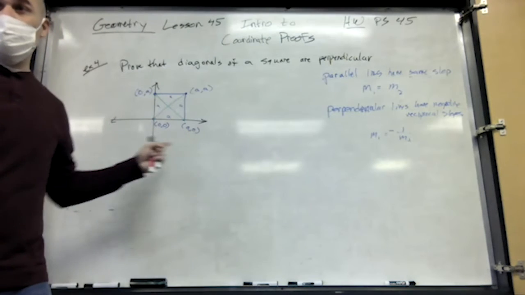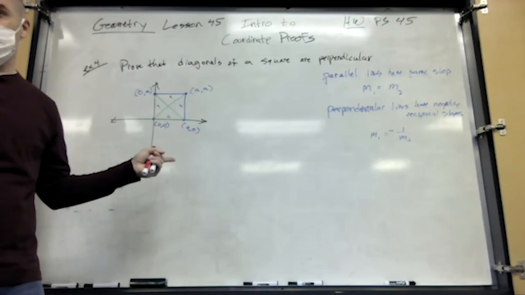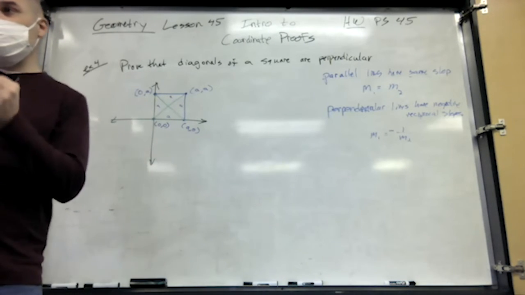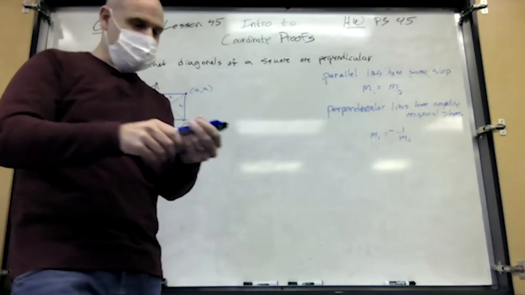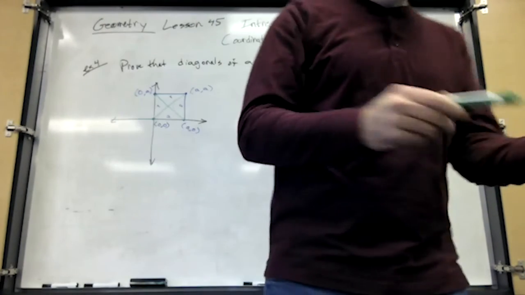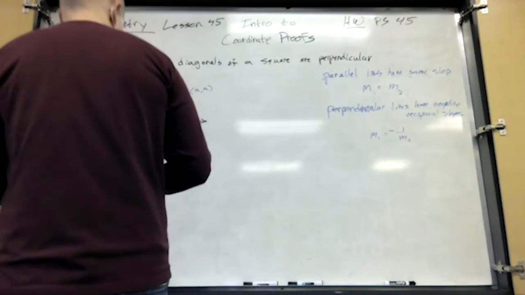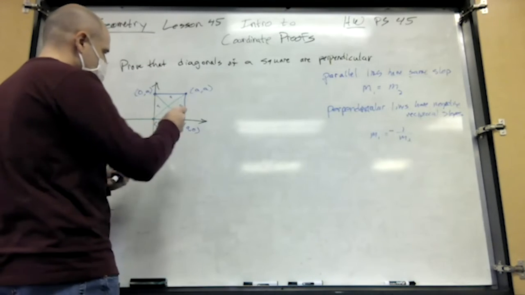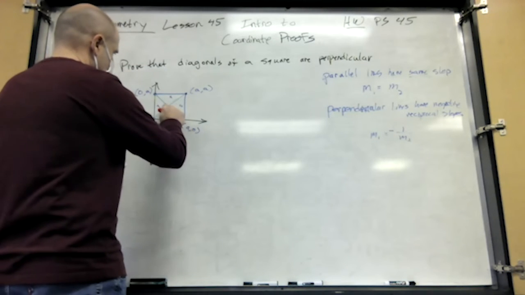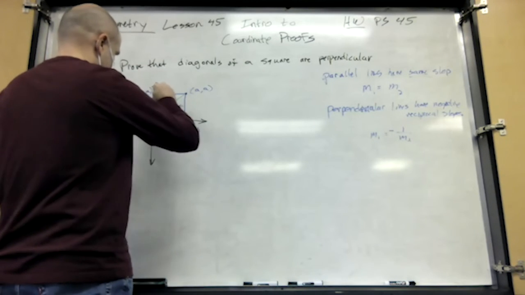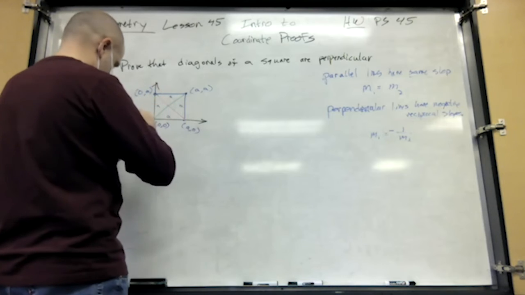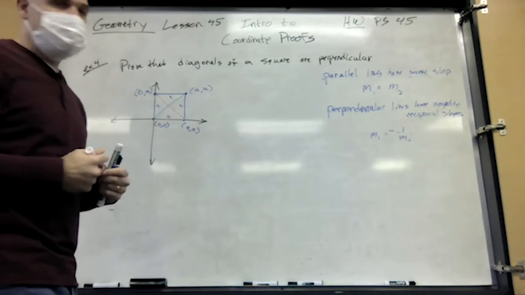Now, we have coordinates to work with. How do you calculate slope between two coordinates? Rise over run, okay? So what is the slope? Let's make these different colors here. Good job.